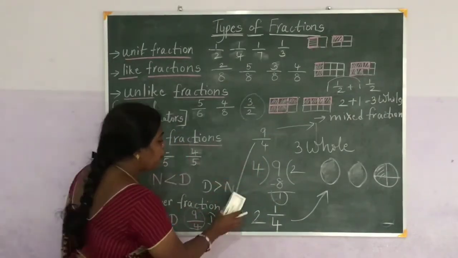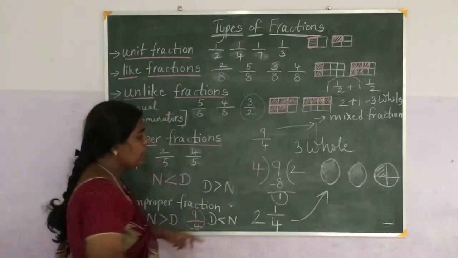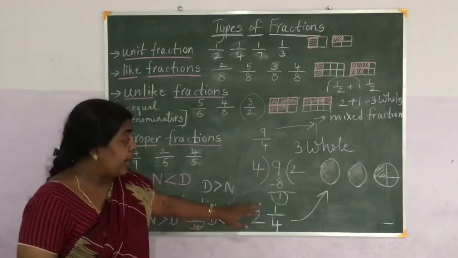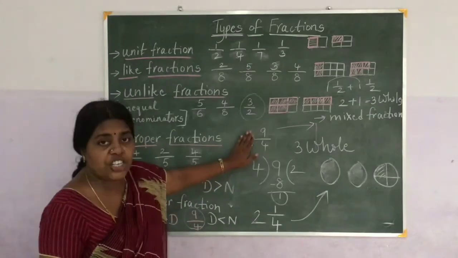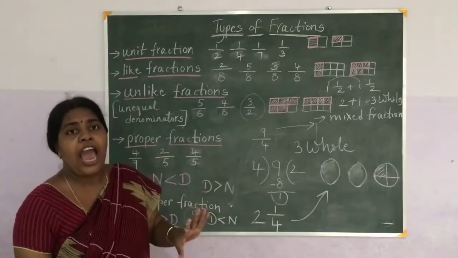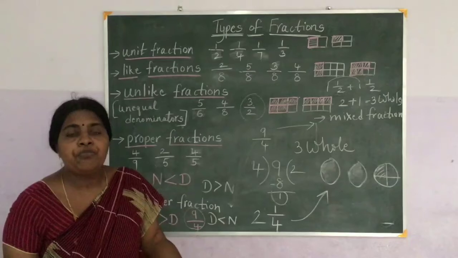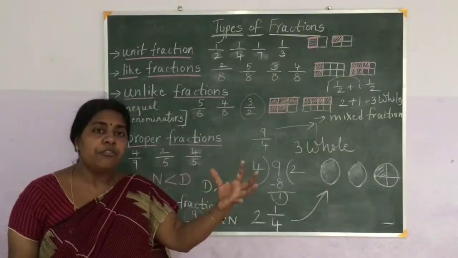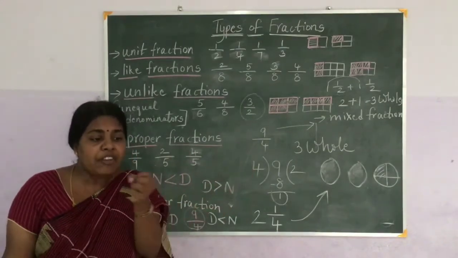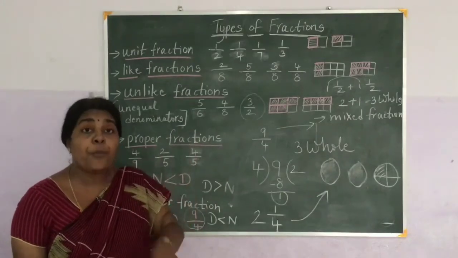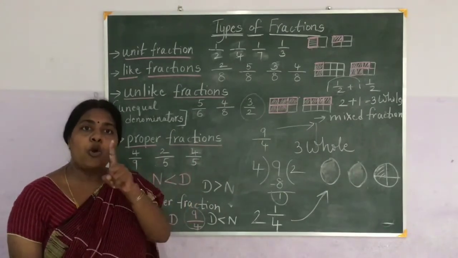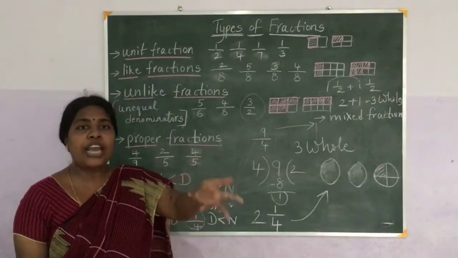So 9 by 4 is nothing but 2 1 by 4. In an improper fraction we have more than one whole. If you take a proper fraction, we take only one whole and take parts in it. But in an improper fraction, we won't have only one whole; we have more than one whole.